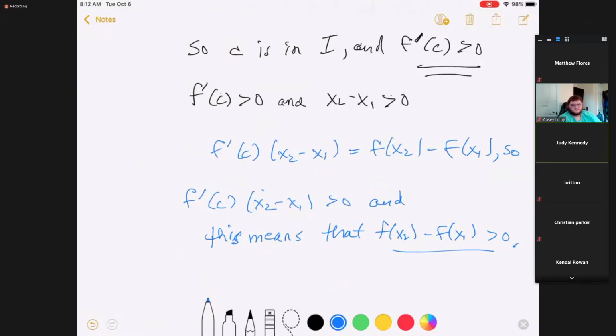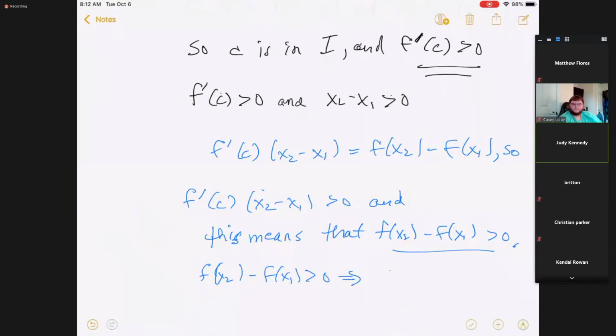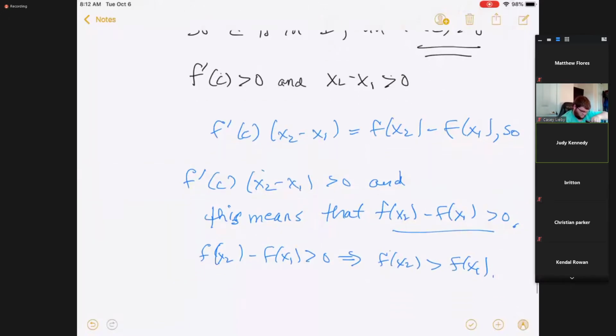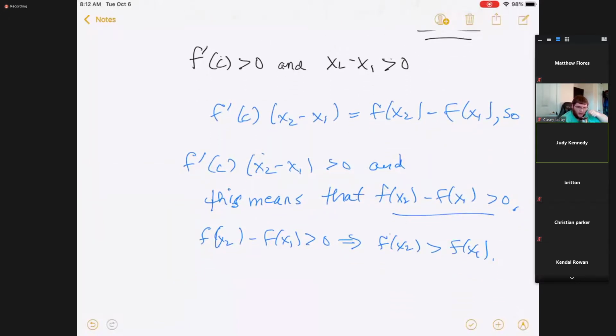Okay, but if f of x2 minus f of x1 is positive, well, that means that if I add f of x1 to both sides of the inequality, f of x2 is bigger than f of x1. And thus the theorem is true. Okay, that's what we wanted to show.